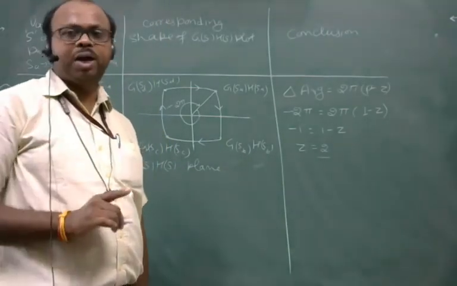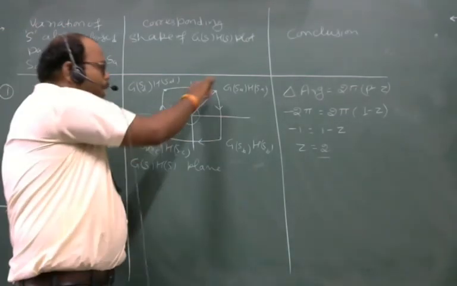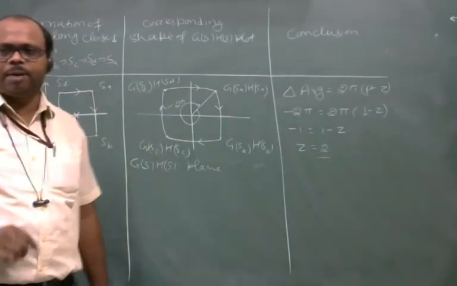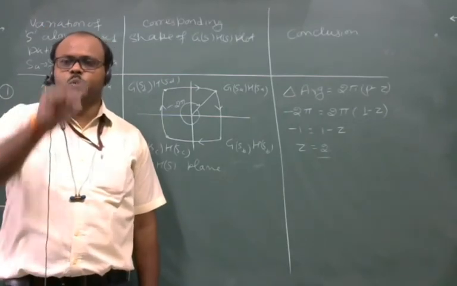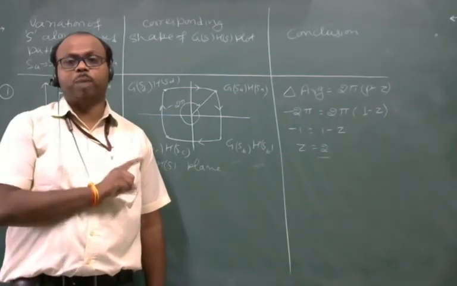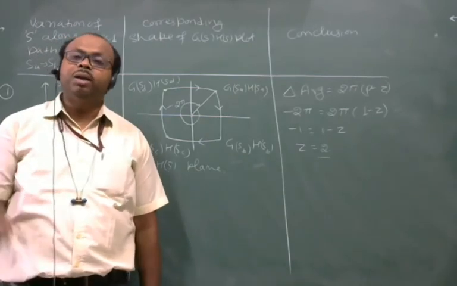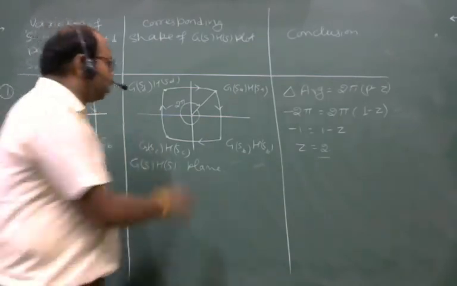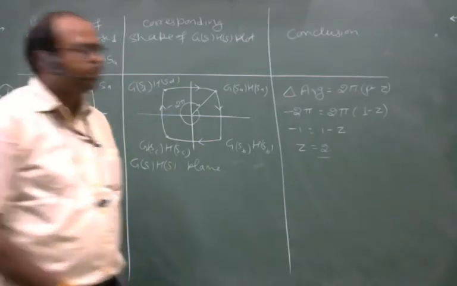It means the closed path in the GsHs plane will move clockwise since it is minus 2 pi. And how many encirclements will there be around the origin?